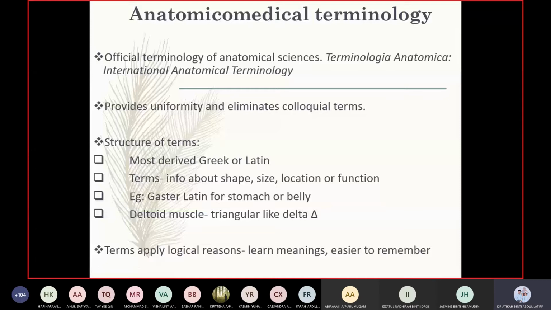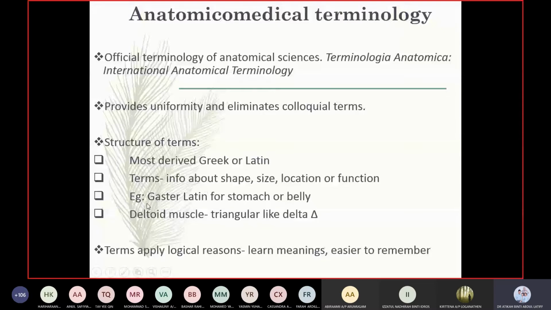Okay, so now we move on to anatomical terminology. Okay, so in anatomy, the terms come from, or in medicine as well, the terms are mostly derived from Greek or Latin. Okay, so for example, gaster in Latin is for stomach or belly, so that's why we refer to any stomach disease or anatomy as gastric.